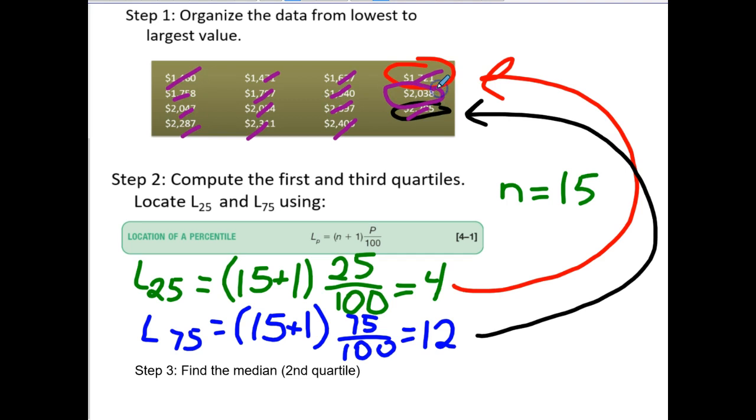Okay. So our second quartile, or the median, is $2,038.